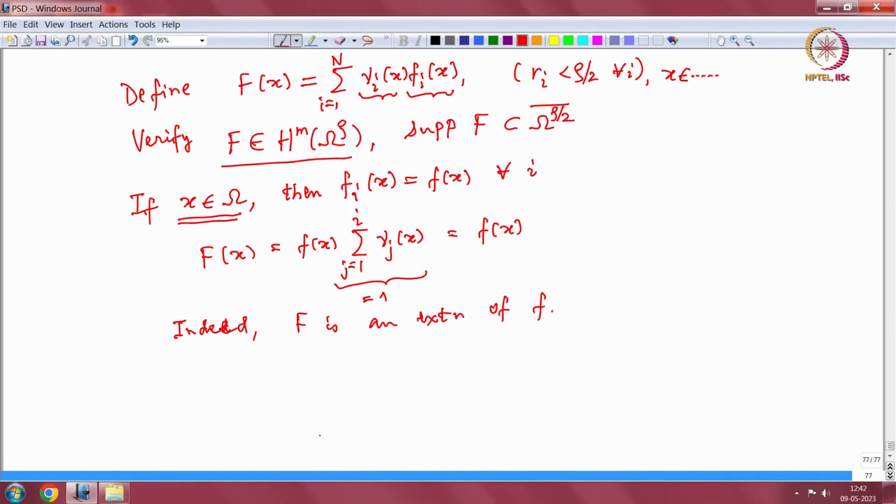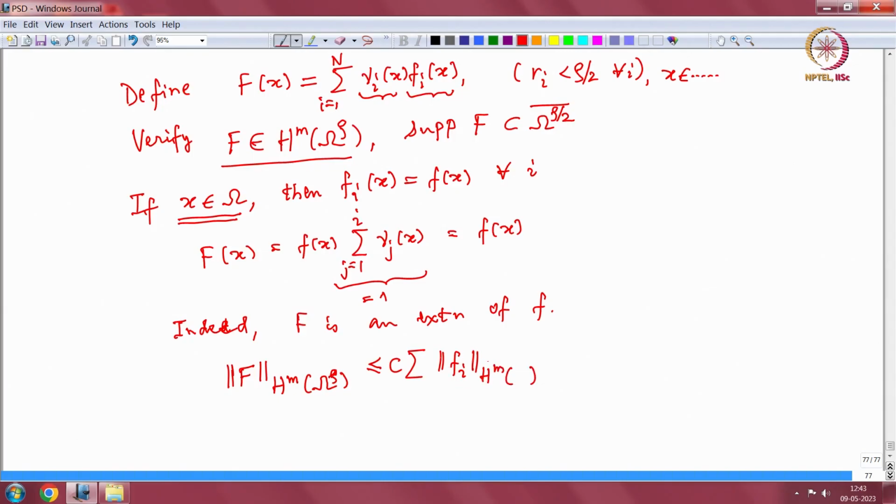Okay, and that is the estimate we are looking for. So the norm of F in H^m of omega rho is less than or equal to some constant, because the gamma_i's are all bounded, times the H^m norm in some ball.